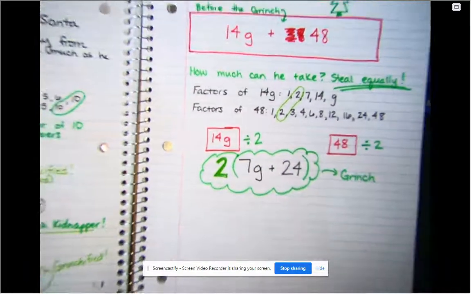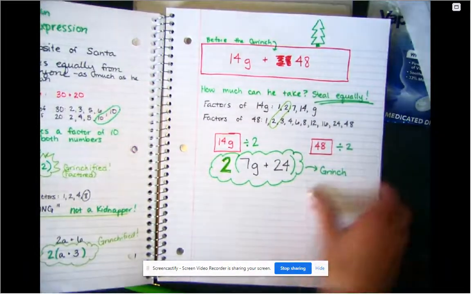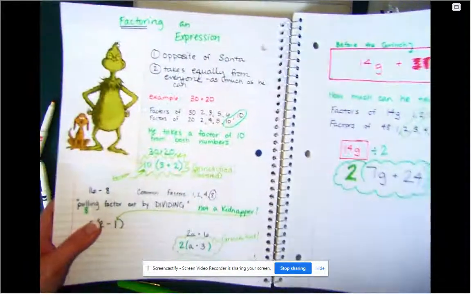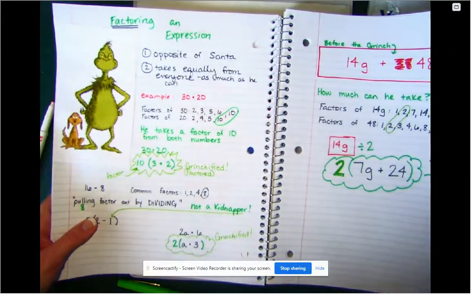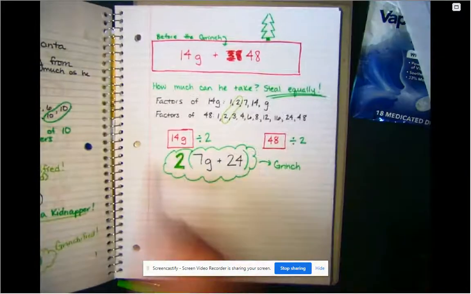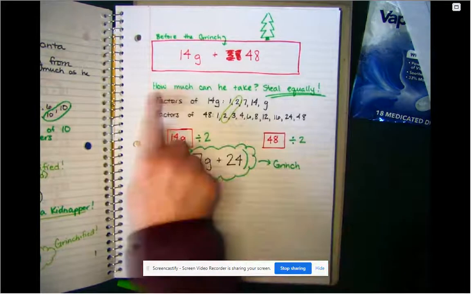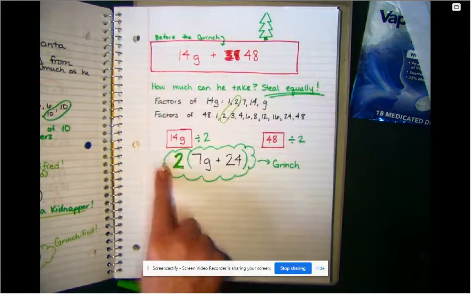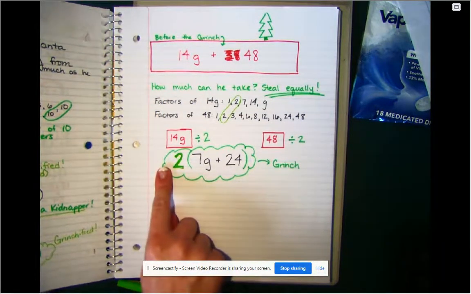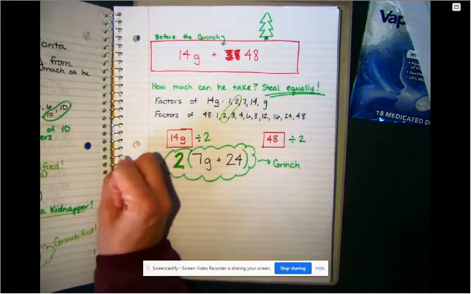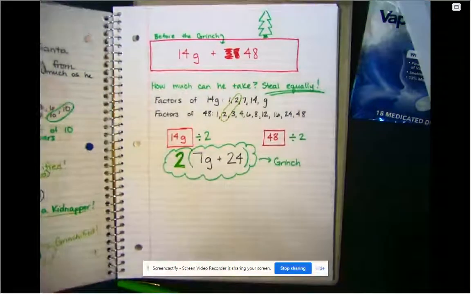So you might be wondering, what was the point of that? Well, sometimes for what we're doing, we want to be able to work with the numbers like this. We're given them like this, and it would be easier for us to work with them if we could pull out the factors. In that case, we want to Grinchify.